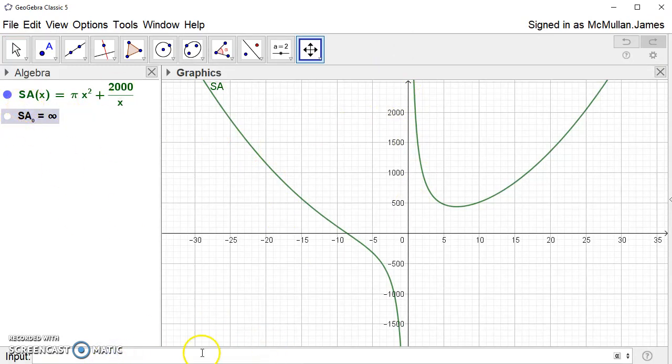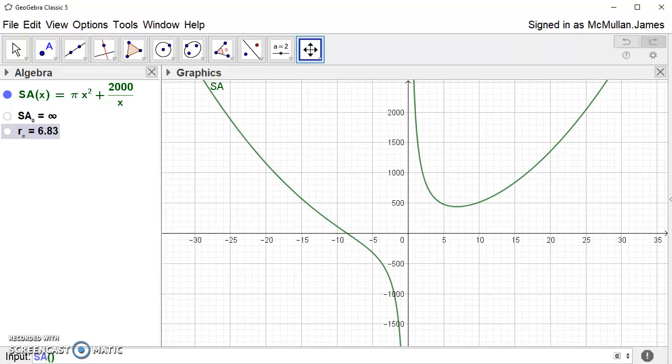That doesn't make sense. The other option is to think about the critical point that we got. And we know the radius of this critical point is equal to 2,000 divided by 2 pi, and all of this raised to the power of 1/3 because it's a cube root, right? And so this suggests that the ideal radius for our can is 6.83.